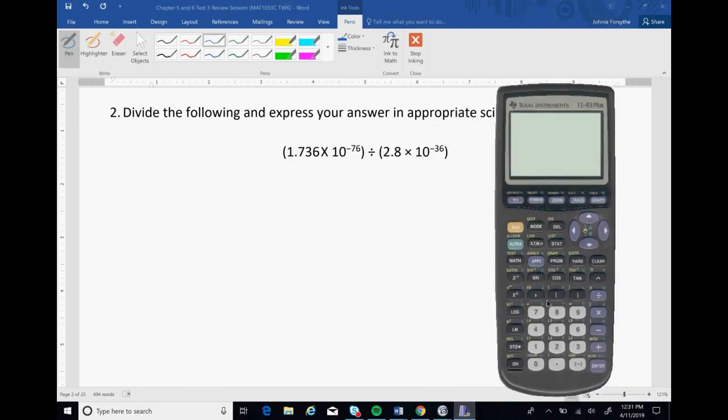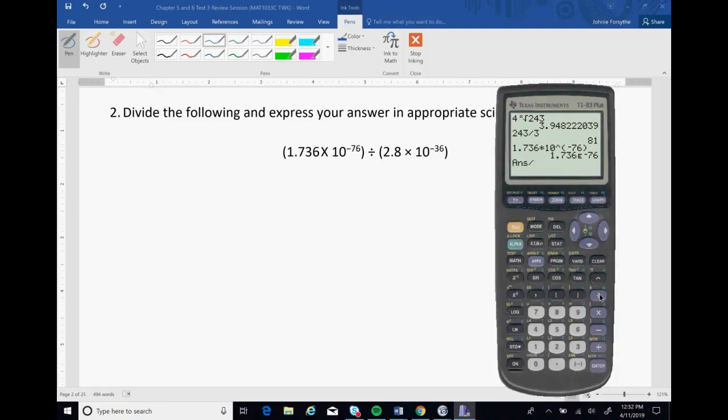Alright, if we use the calculator, let's say 1.736 times 10 raised to parentheses negative 76 close parentheses. Enter. That E is the scientific notation, base 10.